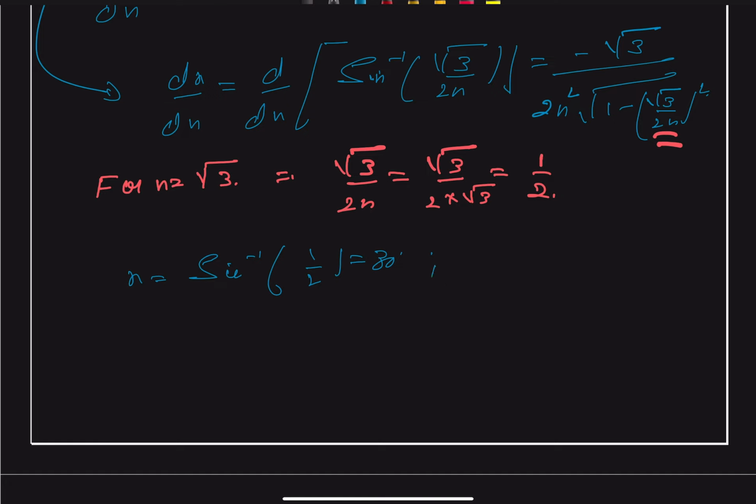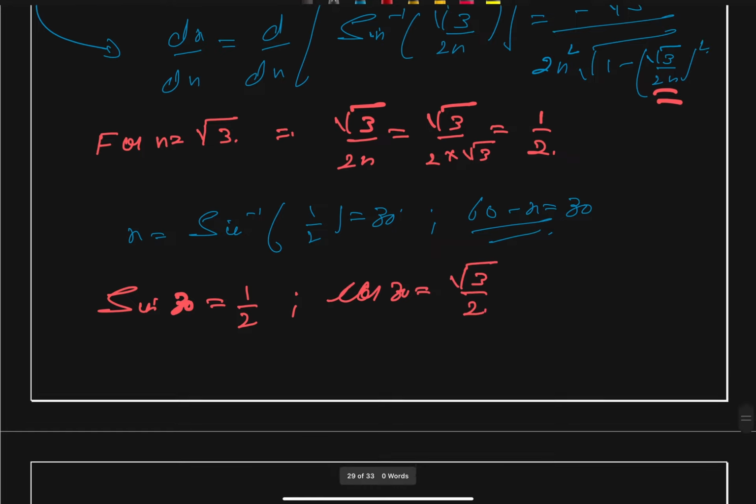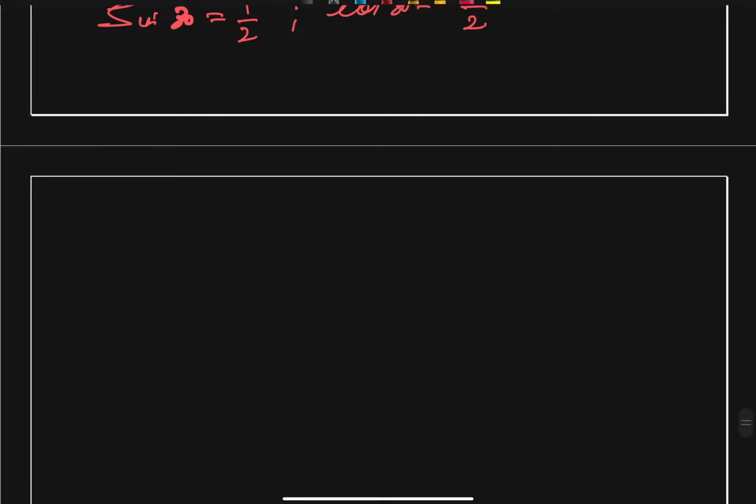We also require 60 minus x, which will also come as 30. And we know that sine of 30 is 1 by 2 and cos of 30 is square root of 3 divided by 2. We have done most of the calculations now.